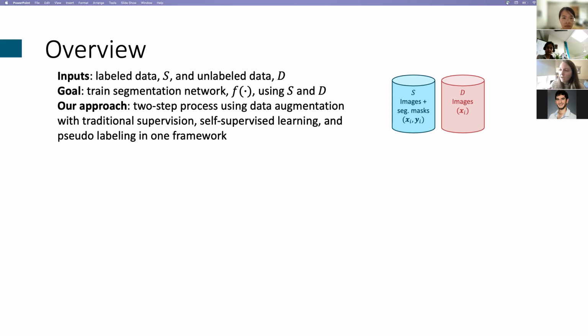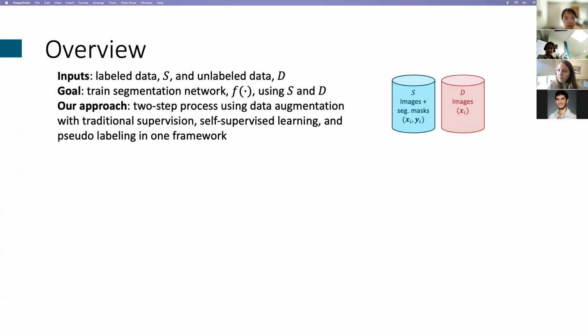On this slide, I'm going to give a very high level overview of what our approach is to train segmentation networks with S and D. And then in the next few slides, I'll give more detail. So in summary, the approach we ended up with after this year of research is a two-step process in which we use many different types of model supervision to squeeze out as much signal as we can from the labeled and unlabeled data.